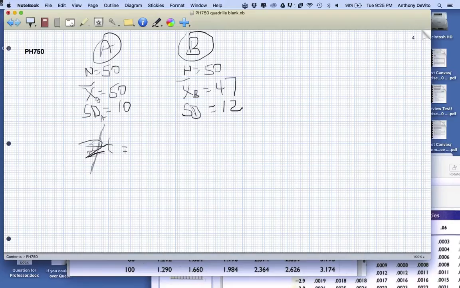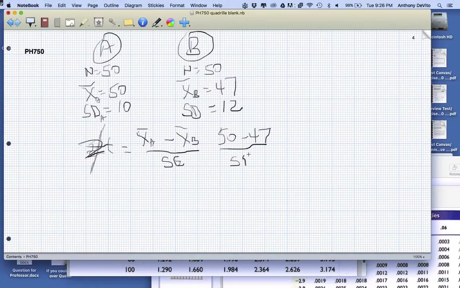So I could say Z is equal to the difference between these two means, X bar A minus X bar B, over the standard error. Now I can actually go ahead and calculate that. I could say X bar A is 50 minus 47. Uh-oh, now I got a problem here.